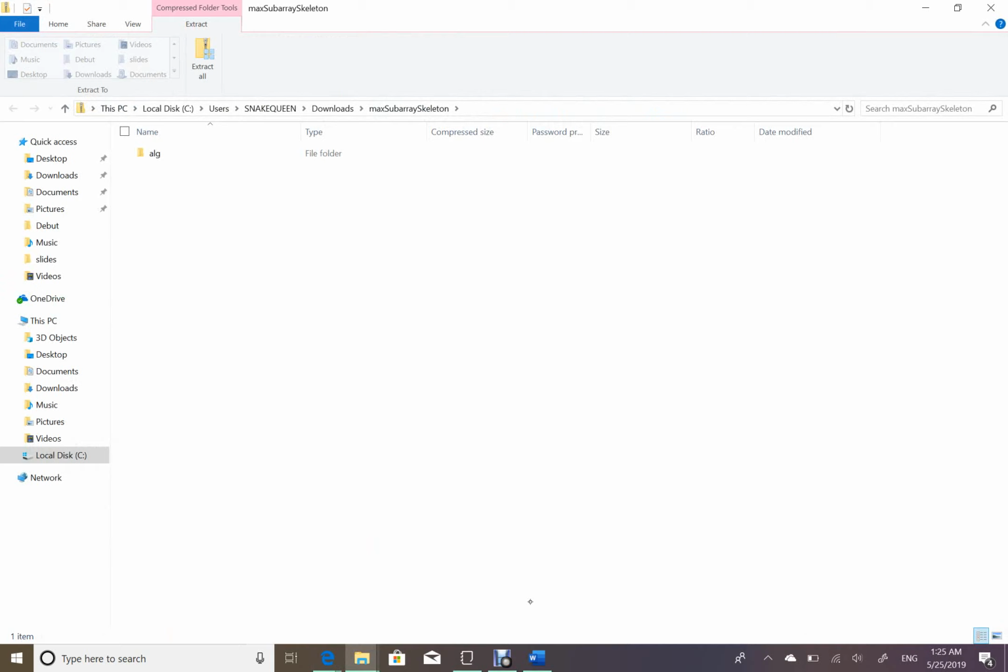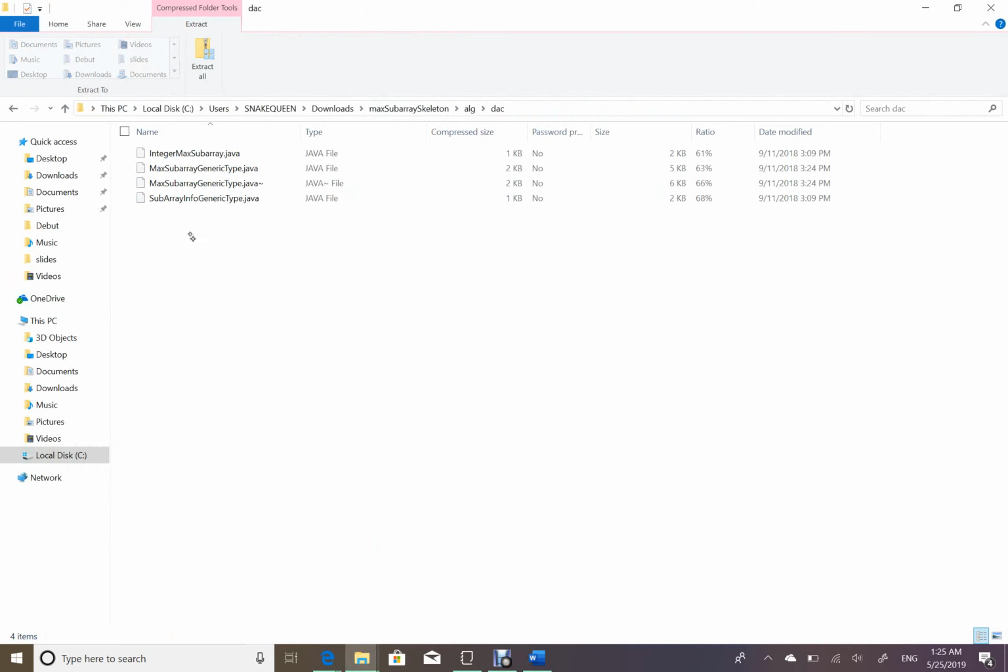You will find out we include multiple code files. This is what we have: the integer maximum subarray generic tab, and the subarray information generic tab. This one includes the main function.